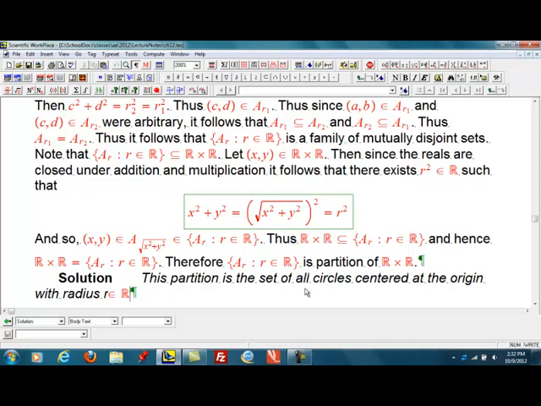I still don't understand what we did on the second half of the proof to show that the union of all of them became the set. You have to show union both directions.